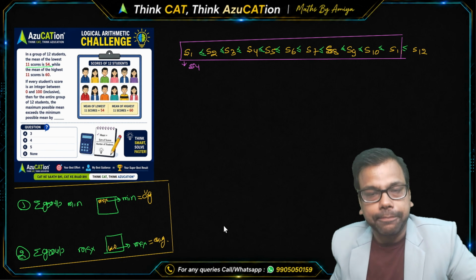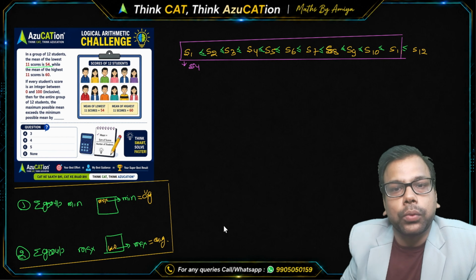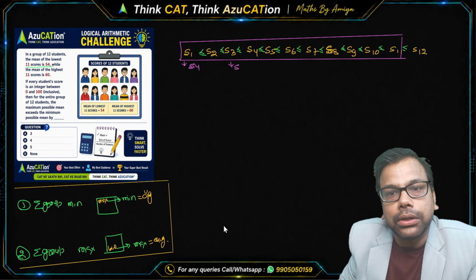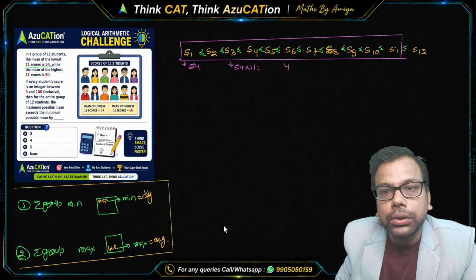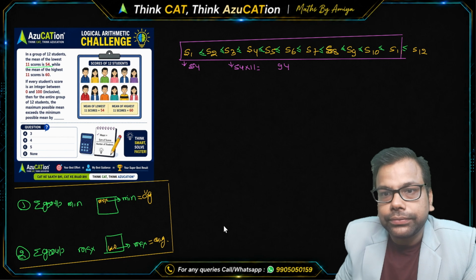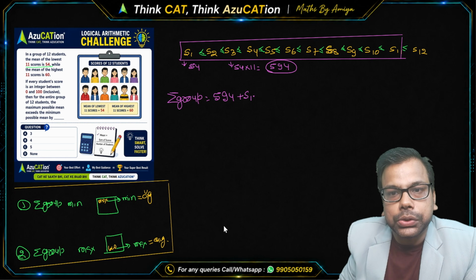So can we say the total of these 11 is equal to 54 into 11, which is actually 594? So can we say the sigma of the group, sigma means summation of the group, is by this definition 594 plus the largest one, S12.